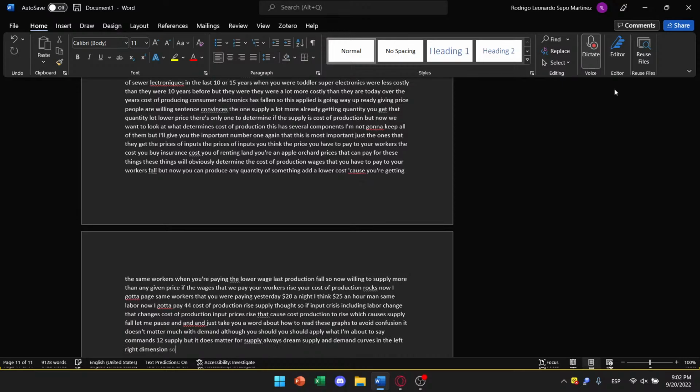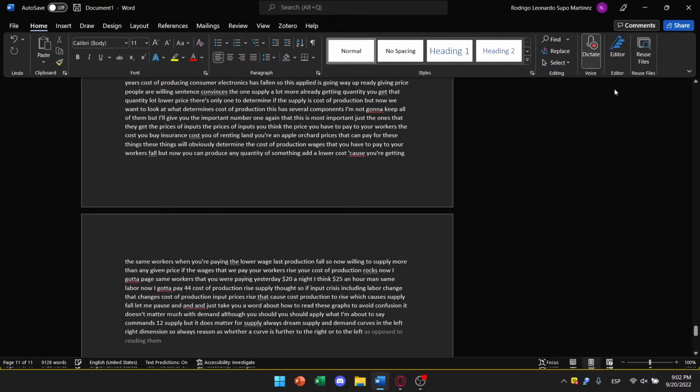So always read them as whether a curve is further to the right or to the left, as opposed to reading them up and down. This supply curve, S prime, represents a higher supply than does this supply curve, and you can see that if you're reading the curves in this dimension, because S prime is further out than is curve S.